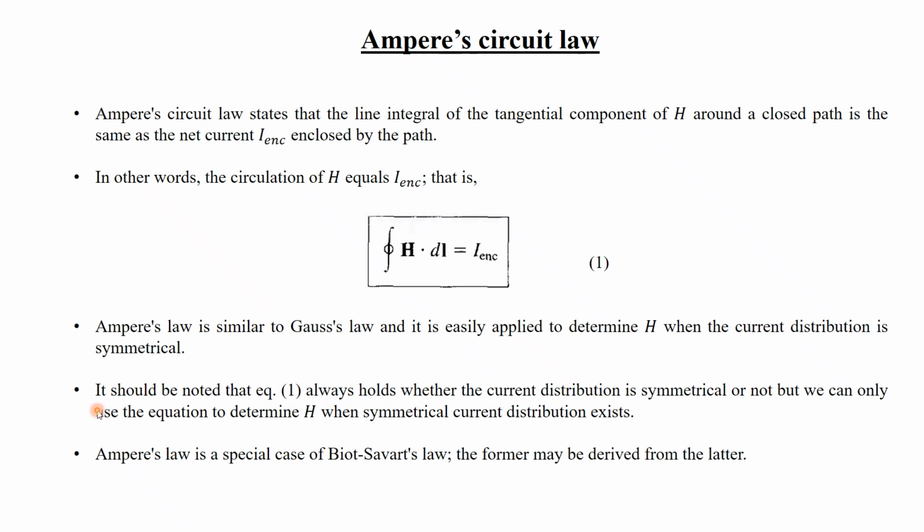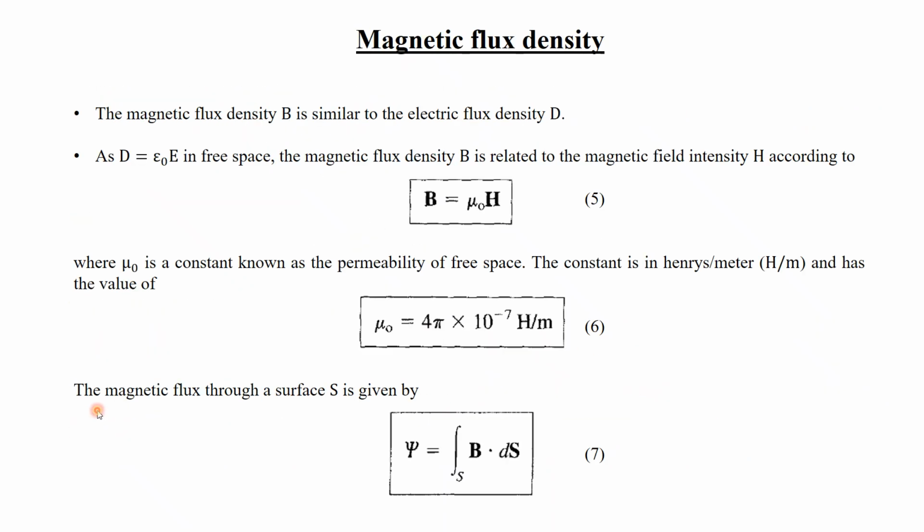Ampere's circuital law says that the line integral of the tangential component of H around a closed path is the same as the net current enclosed by that path.